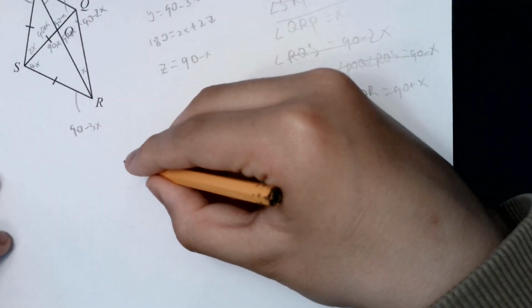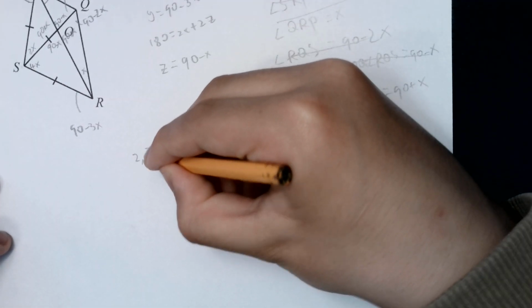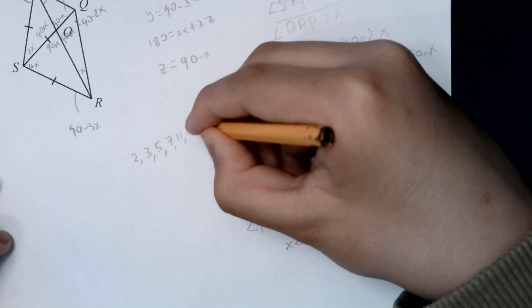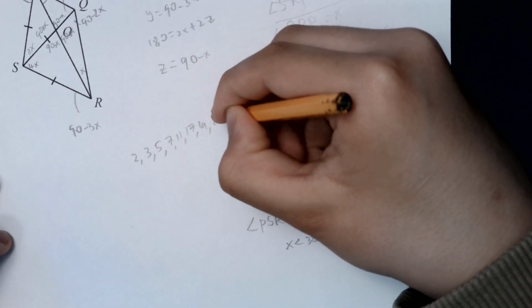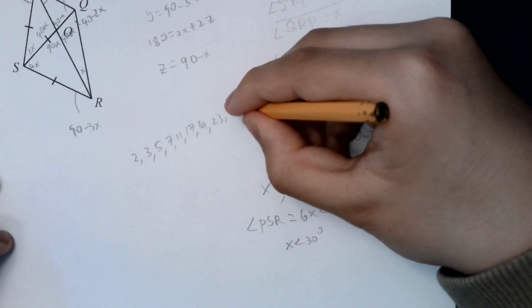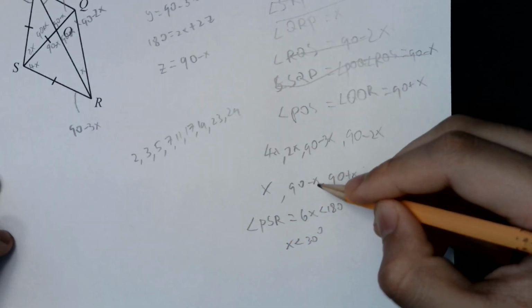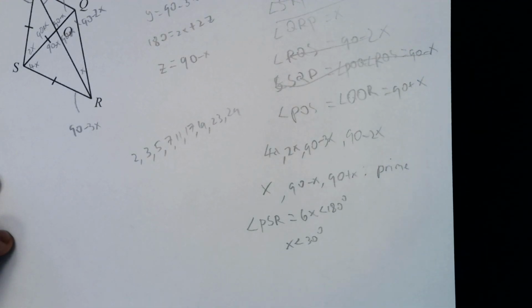So this would be numbers like 2, 3, 5, 7, 11, 17, 19, 23, and 29. And now we just need to plug in all these numbers as x and see if 90 minus x and 90 plus x are also going to be prime.